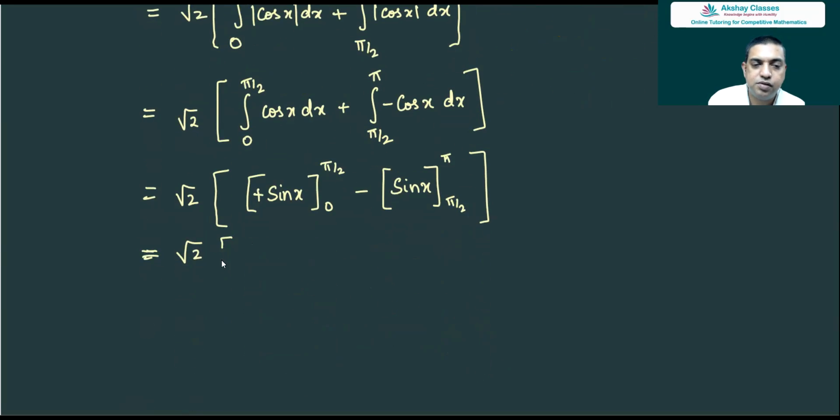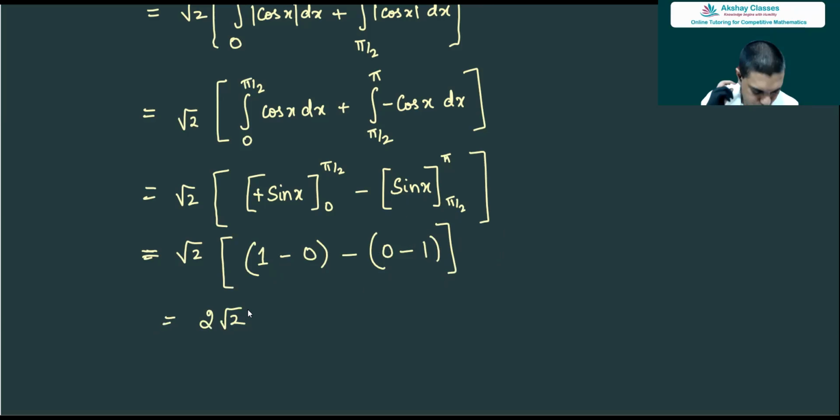So this becomes sin pi by 2 is 1 minus sin 0 is 0, minus sin pi is 0 minus sin pi by 2 is 1. So you get 1 plus 1, which is 2. So answer is 2 under root 2.